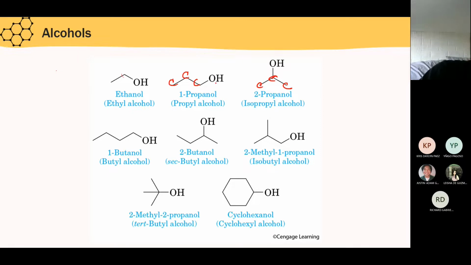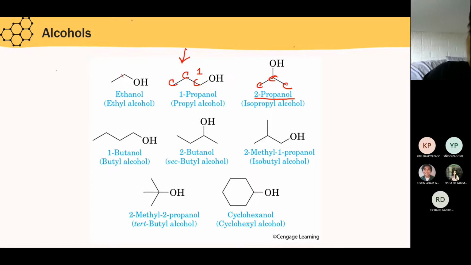So kapag nasa dulo yung OH, it will be on the carbon number 1. Okay? By the way, kung nasan si OH, siya yung number 1. Okay? So, carbon number 1 nakadugtong si OH. So, 1 propanol yan. But, you can also put your OH dito sa gitna. Okay? So, that is your 2 propanol.